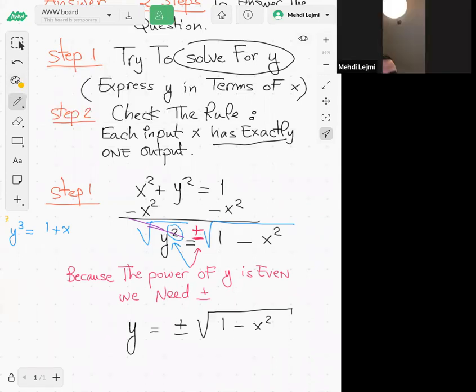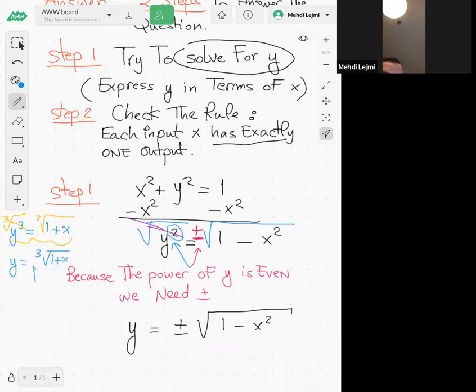So here's my third root, and it cancels out with the cube. Now my question for you is, do we need a plus or minus in front of this third root of 1 plus x? Well, the answer is no, because the power of y is odd. So y would be equal to just the third root of 1 plus x.